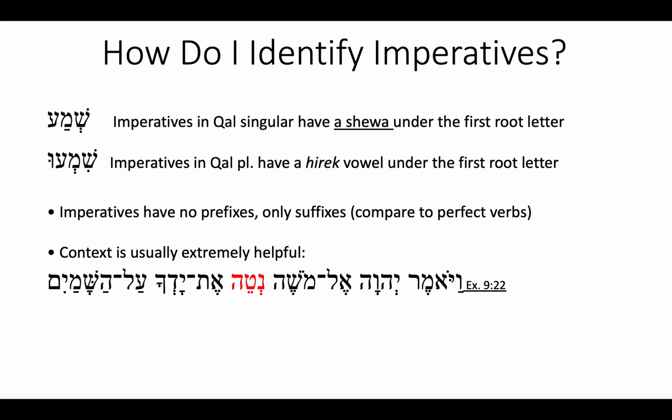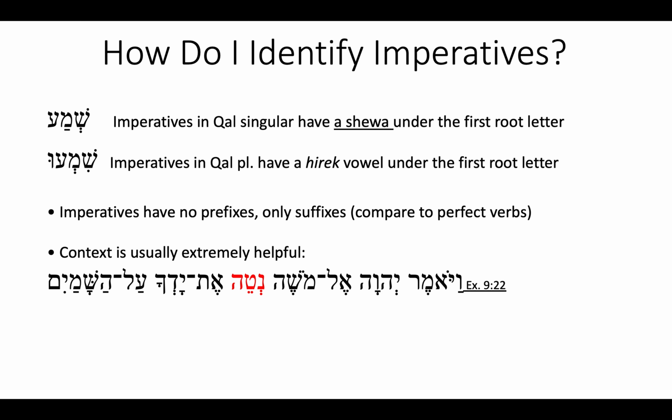If we look at this example from Exodus 9:22, Vayomer Adonai el Moshe, Nate et yadecha al hashamayim. We would translate this as, and Yahweh said to Moses, stretch out, so that's our imperative in this verse.